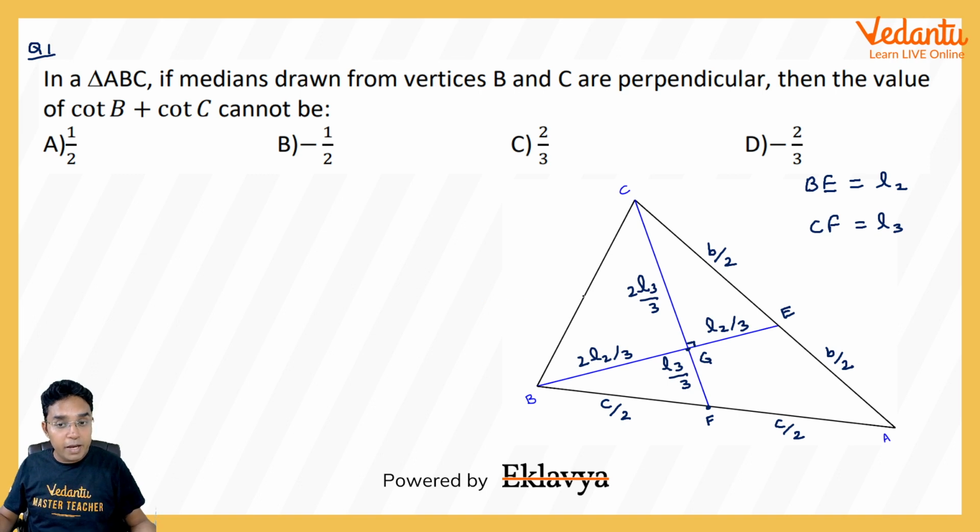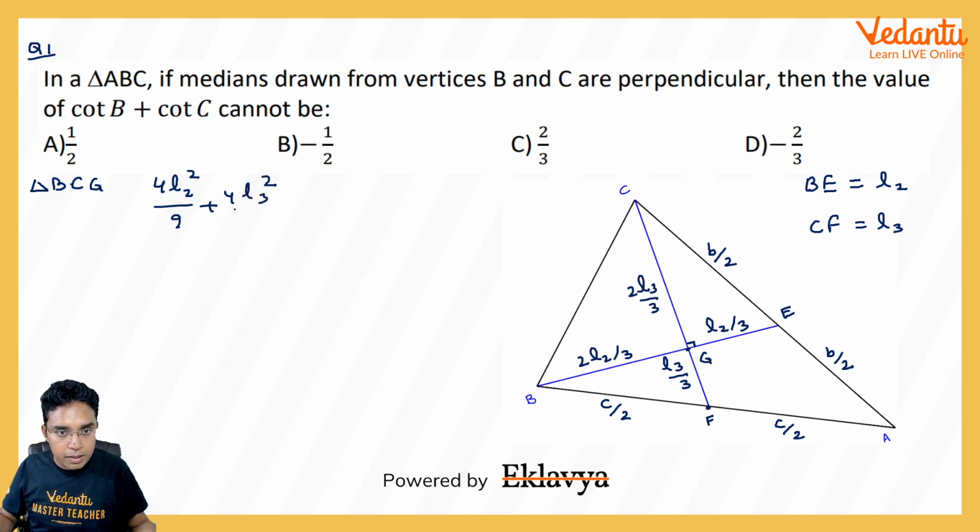So if I use the Pythagoras theorem in triangle BCG, it will be 4L2 square by 9 plus 4L3 square by 9 is equal to, and this length BC is nothing but a, so a square here.